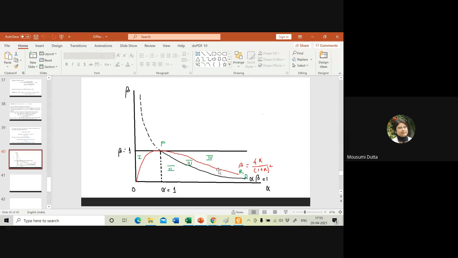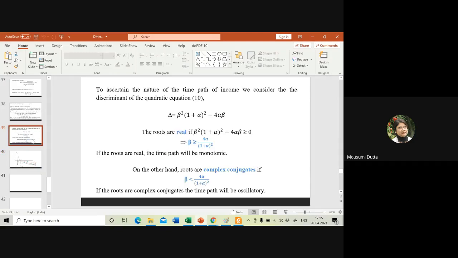Okay, so we need to draw these two lines, and then we need to define the zones where alpha into beta less than 1, alpha into beta greater than 1, beta less than 4 alpha by 1 plus alpha whole square, beta greater than 4 alpha by 1 plus alpha whole square. So combining all these things, we will finally derive the different types of time path here. So that I'll do tomorrow morning.